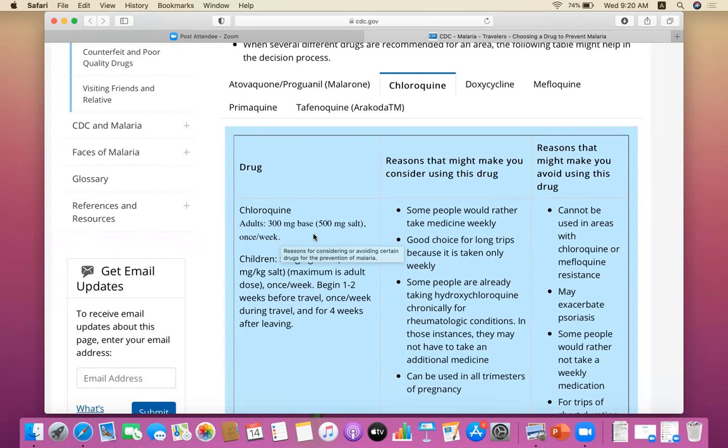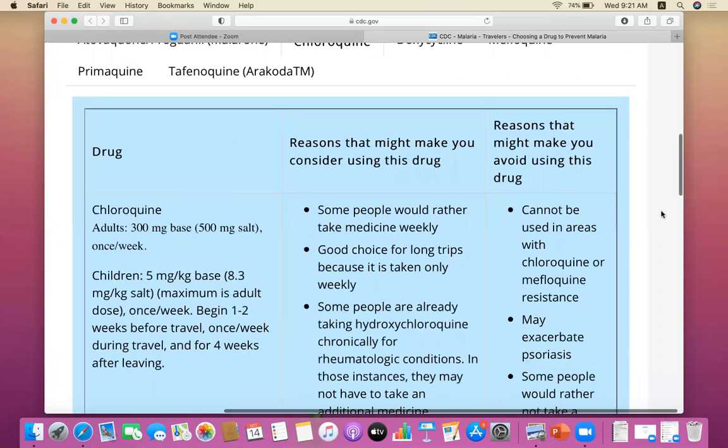Phosphate is a salt to increase solubility, absorption, and pharmacokinetics. It is generally needed once a week for adults, once a week. For children, the dose is available; you can calculate according to the weight.